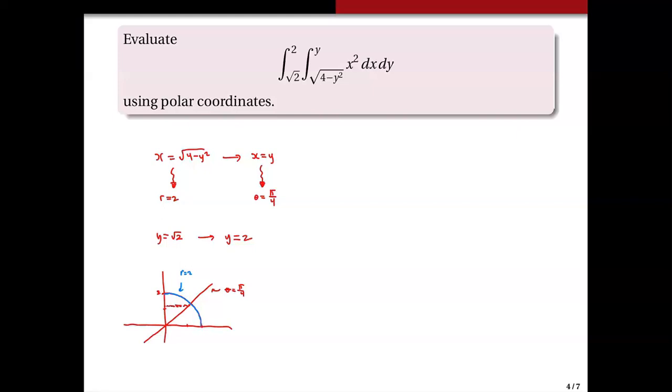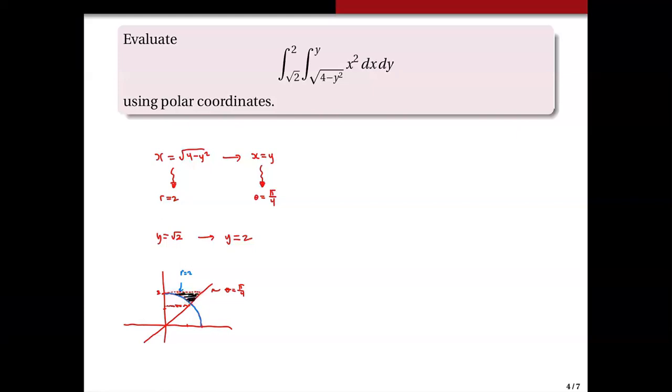Now, your x runs from the circle to the line. So the region that makes sense is the following. This is your y equals 2. The region that makes sense is this part here, correct? So from your circle going to the line.